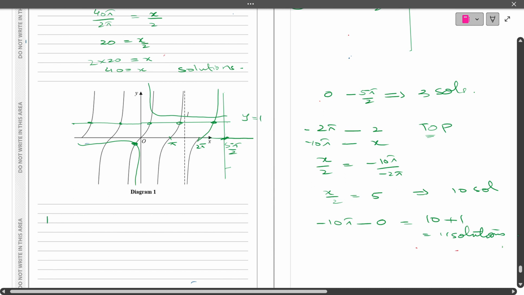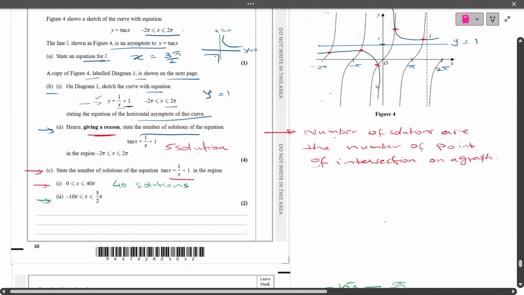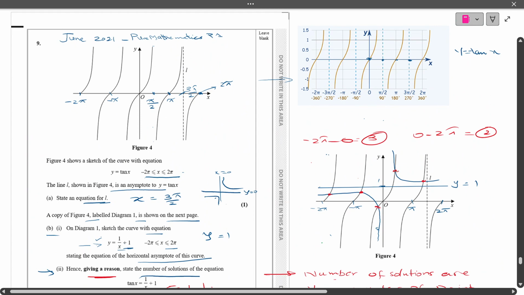So total number of solutions from negative 10 pi to 5 pi over 2 is 3 plus 10 plus 1, and that is 14 solutions. Okay, so 3 solutions here, 10 solutions, and then 1, altogether 11 solutions. Altogether is 14 solutions. This was question number 9 from paper June 2021, Pure Mathematics P1.